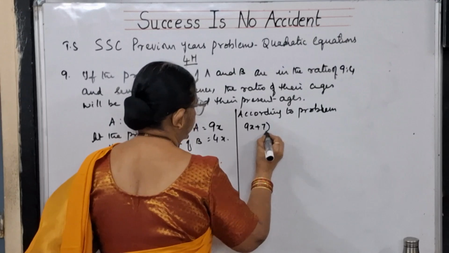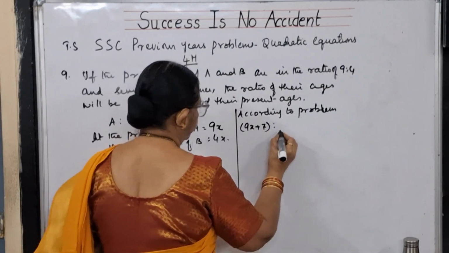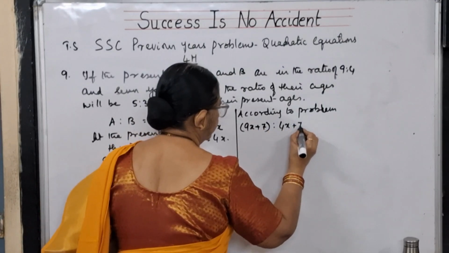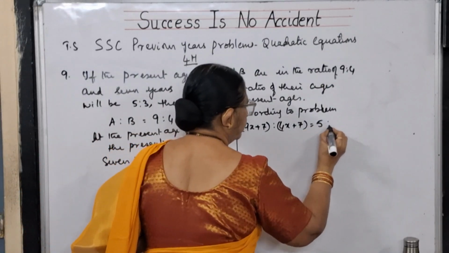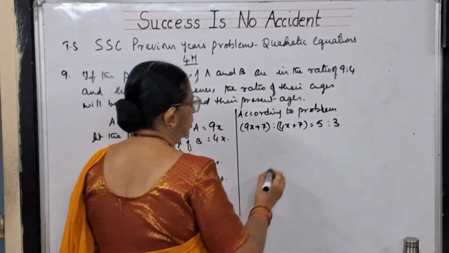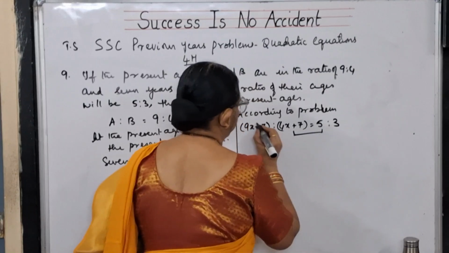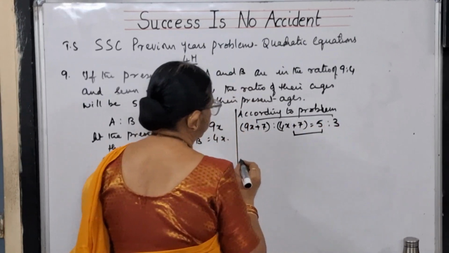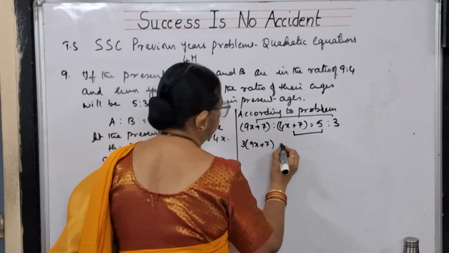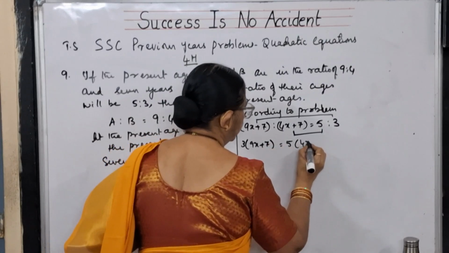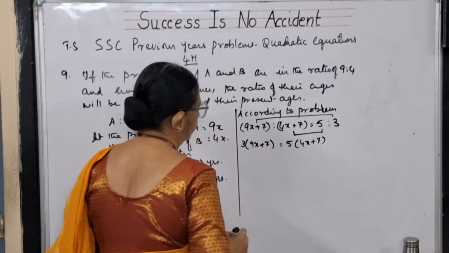Therefore, according to the problem, 9x plus 7 is to 4x plus 7 is equal to 5:3. So we know that product of means is equal to product of extremes. So 3 into 9x plus 7 is equal to 5 into 4x plus 7.